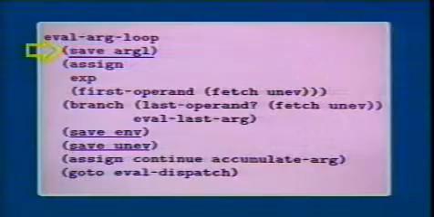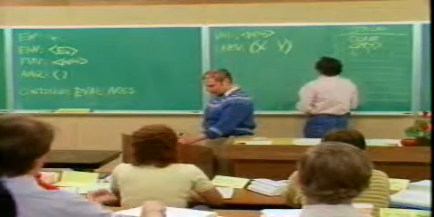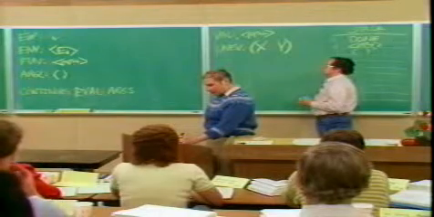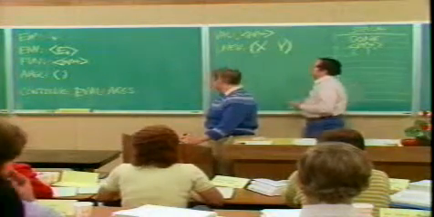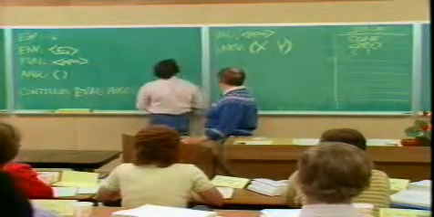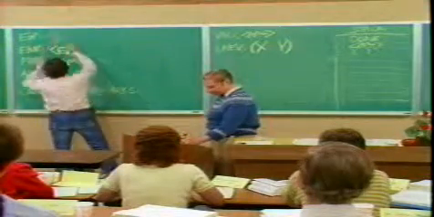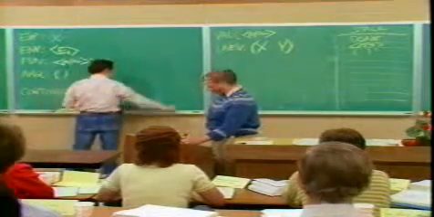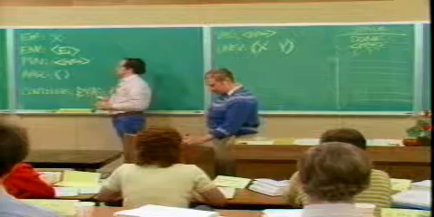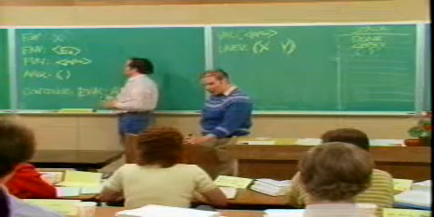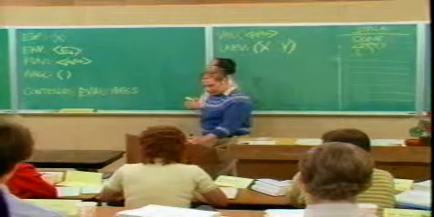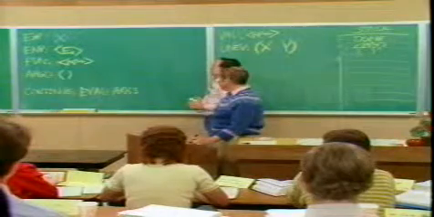Okay, so we save argl, because we assign to exp the first operand of the stuff in unev. Now we check and see if that was the last operand. In this case, it is not. All right, so we save the environment.